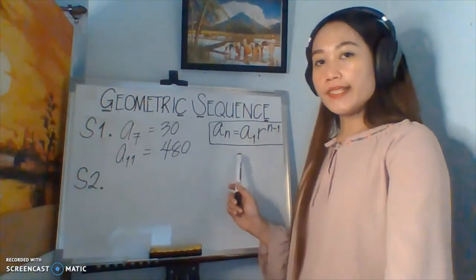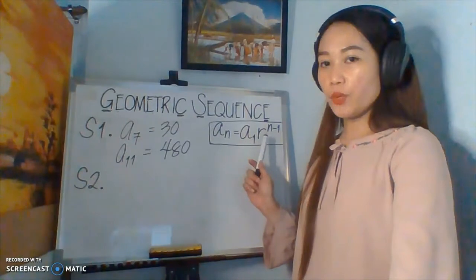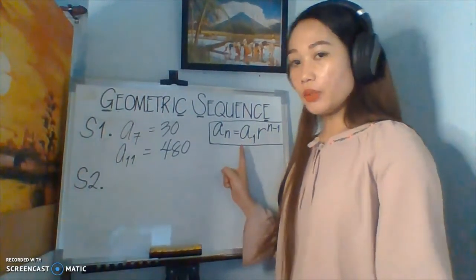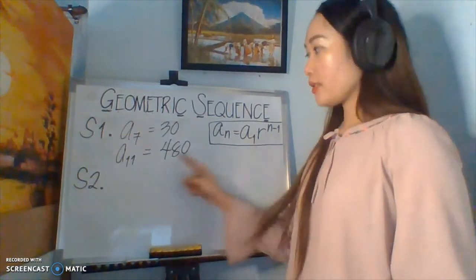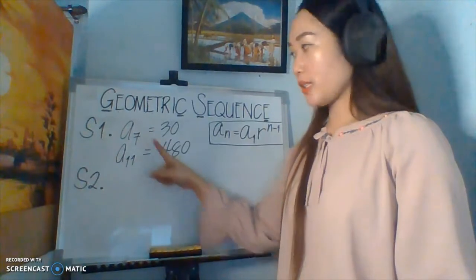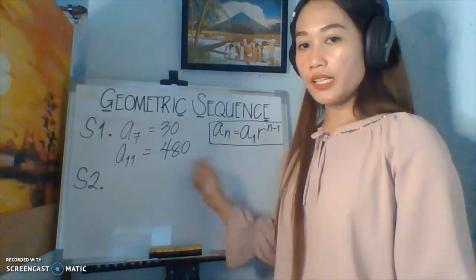A sub n equals a sub 1 multiplied by r raised to n minus 1. Okay, but we don't have a sub 1 yet. We don't know what the common ratio is. So what we are going to use for this are the given in the problem, a sub 7, which is 30, and a sub 11, which is 480.